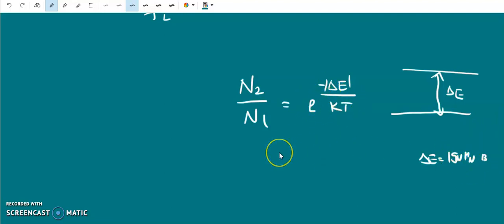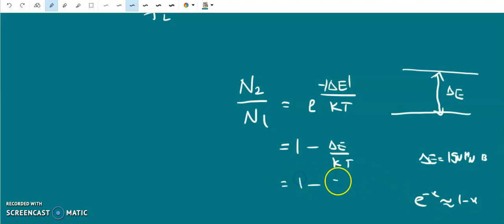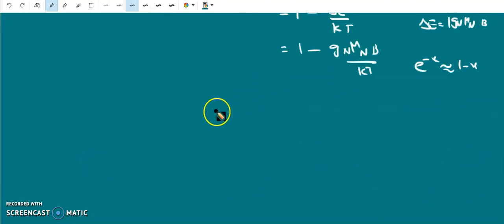Therefore e to the power minus x, with x equal to delta E by kT, can be approximated as 1 minus x if x is very small. So this is approximately equal to 1, but slightly less than 1. Therefore N1 and N2 are approximately equal, but N2 is slightly less than N1.